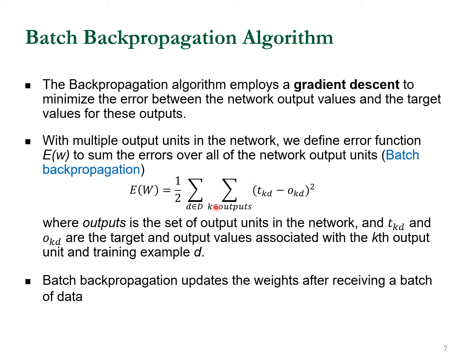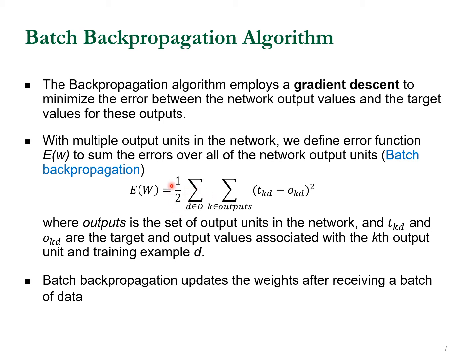K is for every output node. And then this squared value is again added for every data. D means for every data. So the squared error is added for every output node and for every data. That's the basic definition of the error function in the backpropagation algorithm.